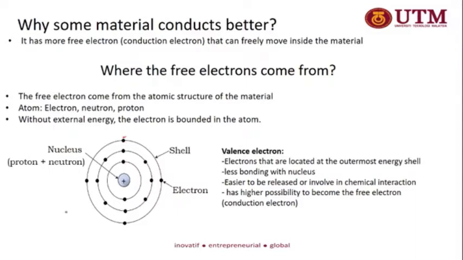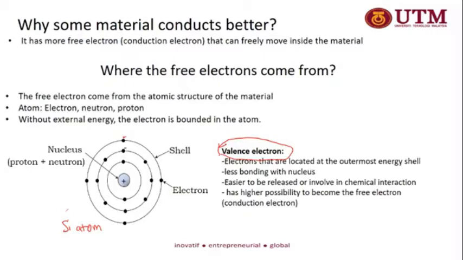Okay, this is an example, a silicon atom. Next, we will use one term, valence electron. What is a valence electron? A valence electron is an electron located at the outermost energy shell.